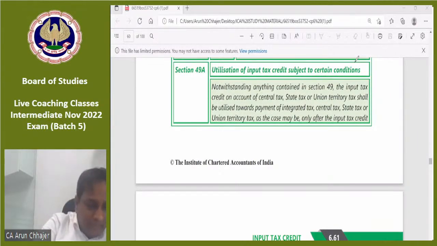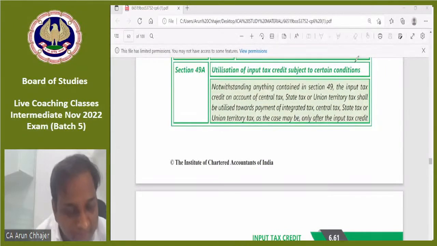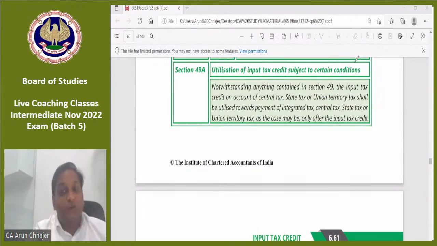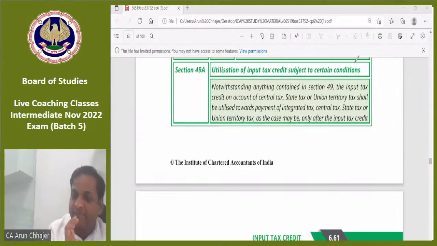You are asking B and C, okay. See, 49B is saying CGST. Very good question. Now, what is the difference between 49 subsection 5 clause B and 49A? Correct.